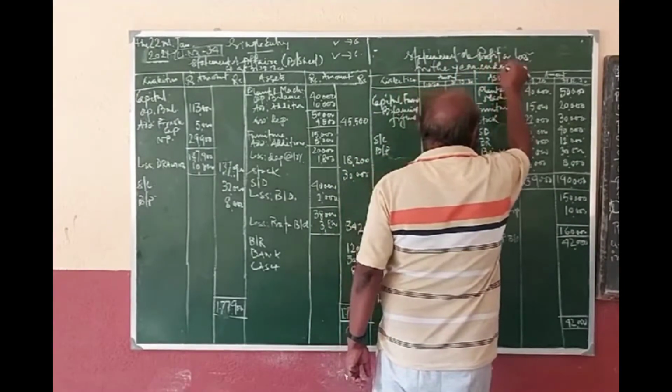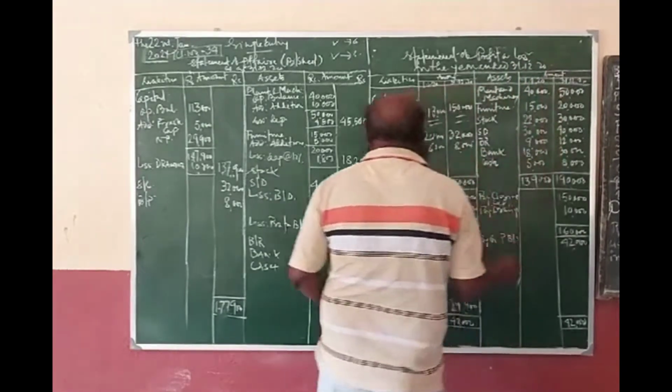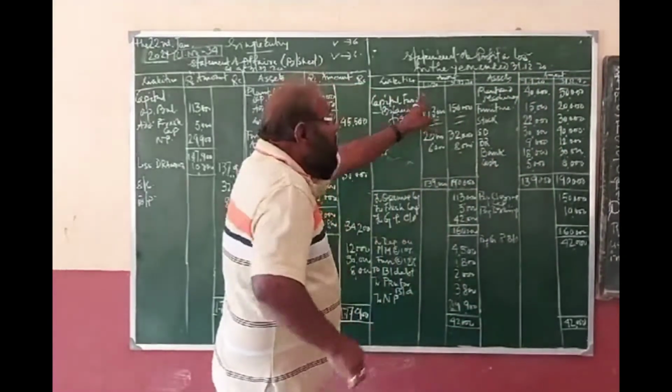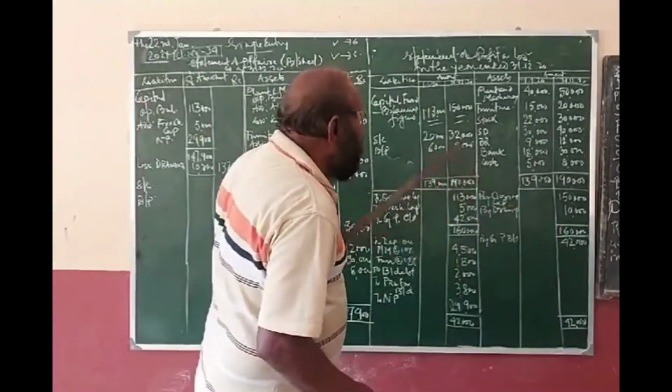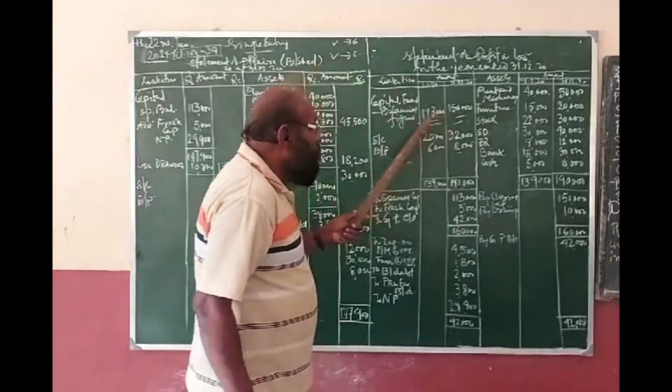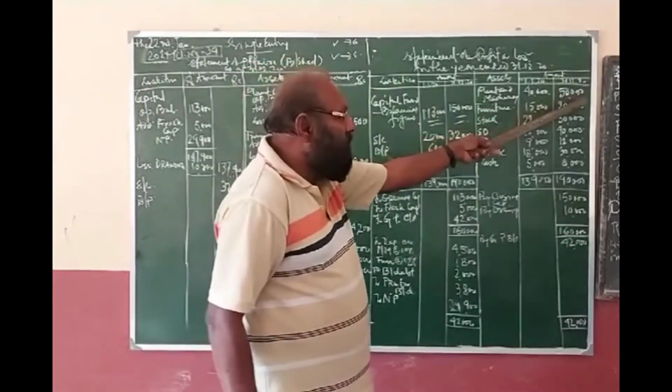For the year ended 31st 12/20. Here you see that I have made a combined statement to find out the opening capital and closing capital. Opening plant 40,000, closing 50,000.